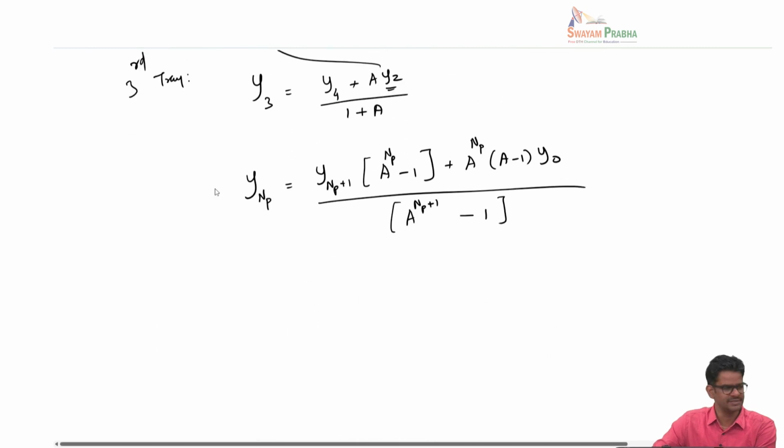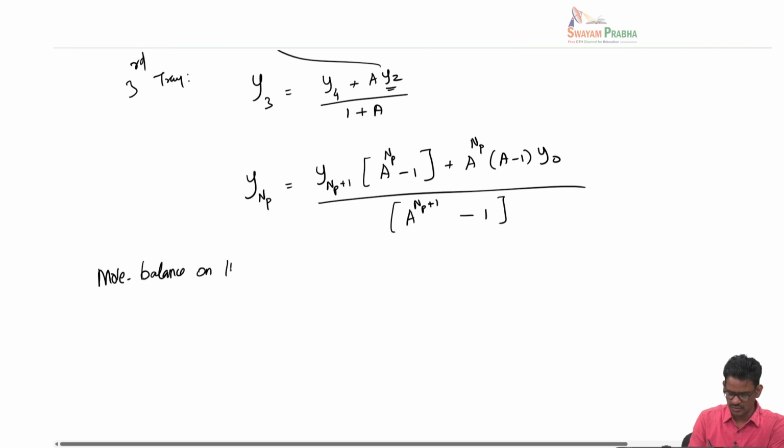In principle I can replace ynp from the overall mass balance, then I will get an expression that will involve only one unknown, which is np. So, mole balance on the entire column. When I say entire column, I am just talking about the inlet outlet of the entire column.